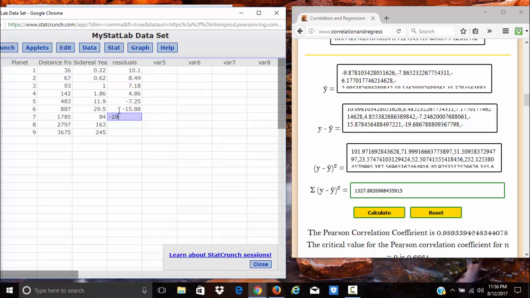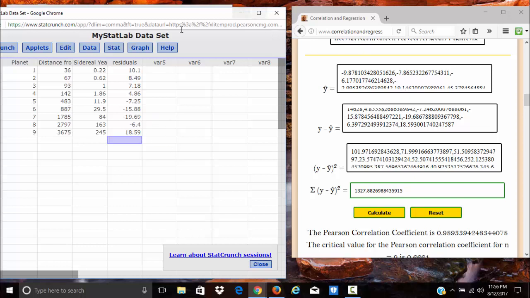Then you have negative 19.69. Then you have negative 6.397, so 6.40, right? And then you have 18.59. So this is the residuals that I used here.